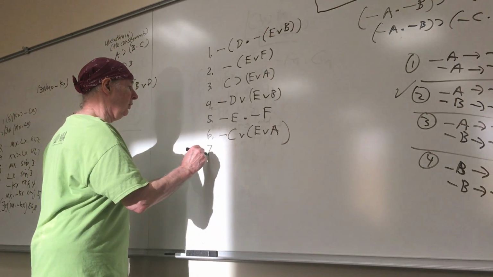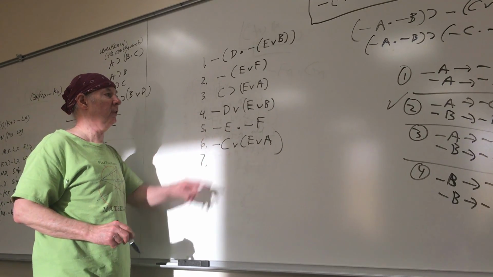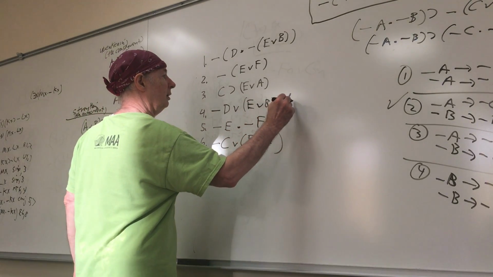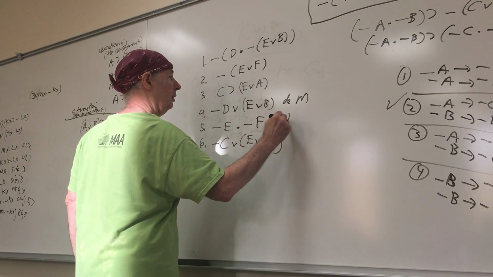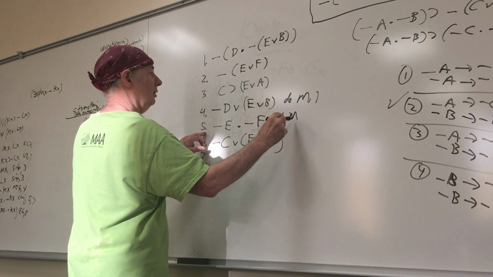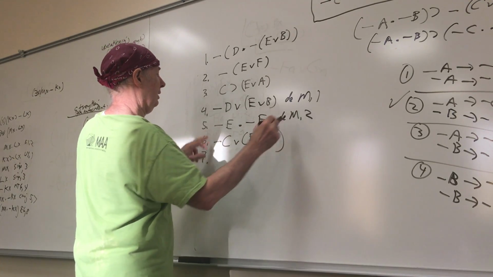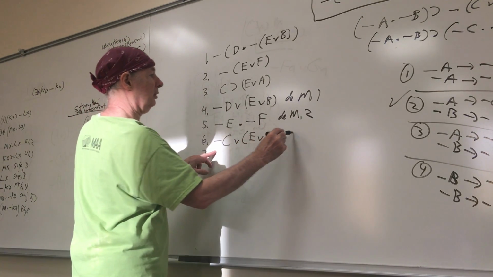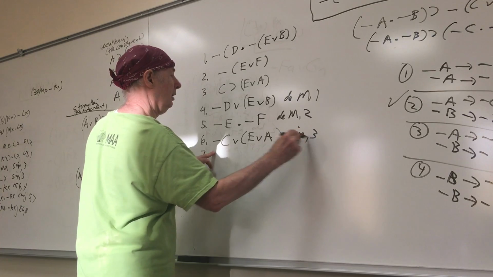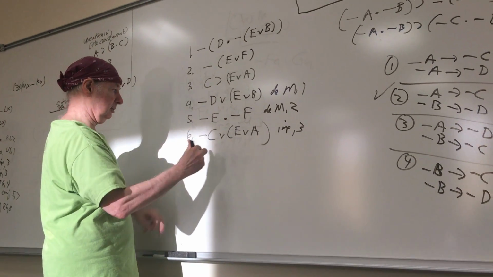So let's do that. Let's do DS. First we have to simp both of these. So De Morgan on 1, De Morgan on 2, and this one was imp on 3. Okay, so let's simp out these two.